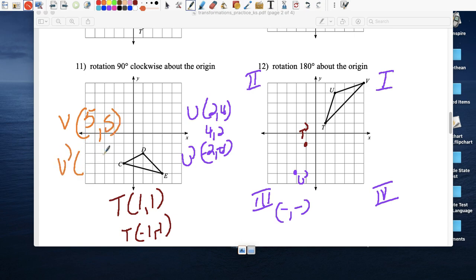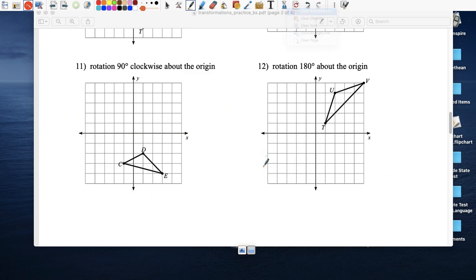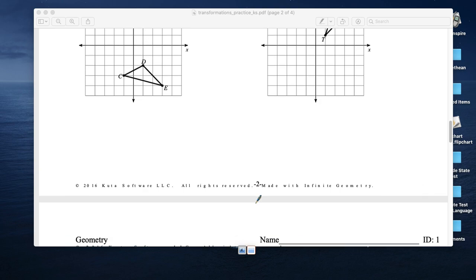Doesn't matter because it's still 5 and 5, but everybody's going to be negative, so -5, -5. So right here. Let me connect. And there you are. Okay, and this is V prime. That's it. That should be okay for you to read.